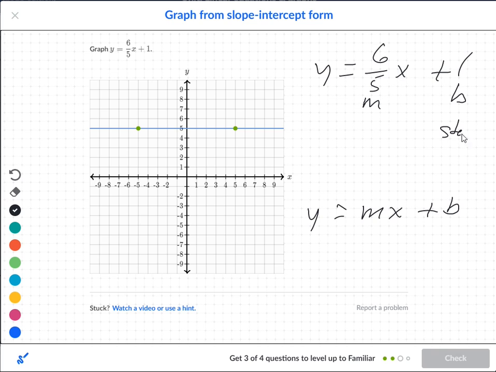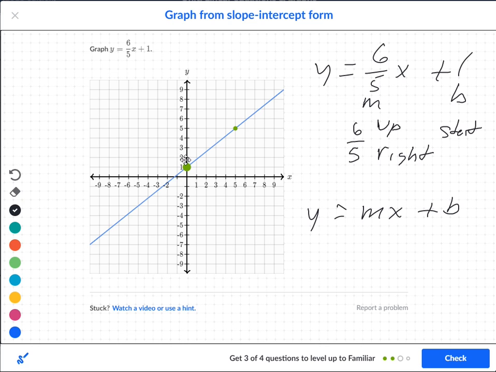This is my y-intercept, so we're going to start with 1, right here. Now we have a positive 6/5. A positive 6 means you go up 6, and then you go to the right 5.